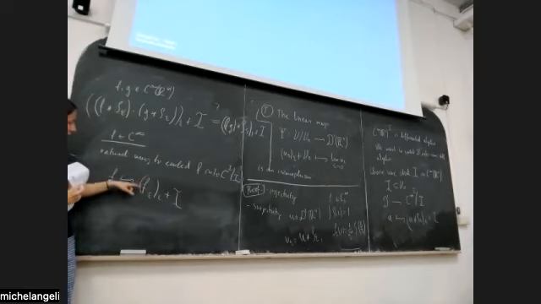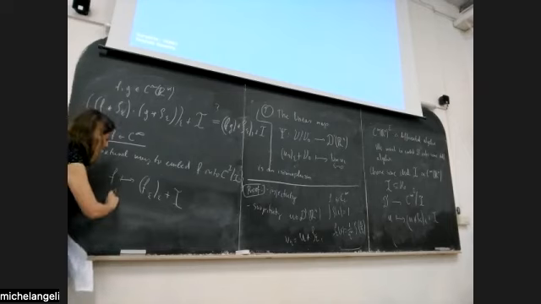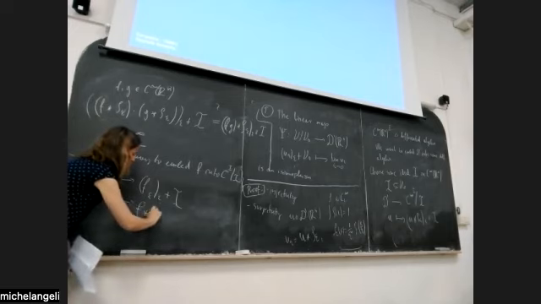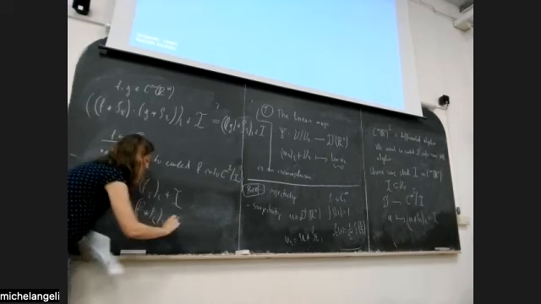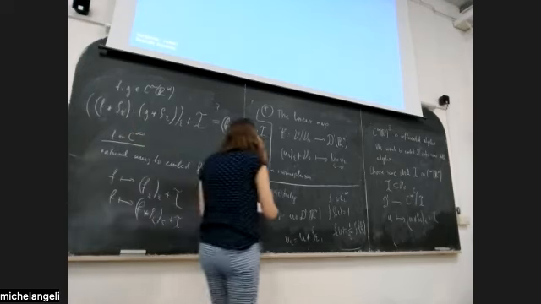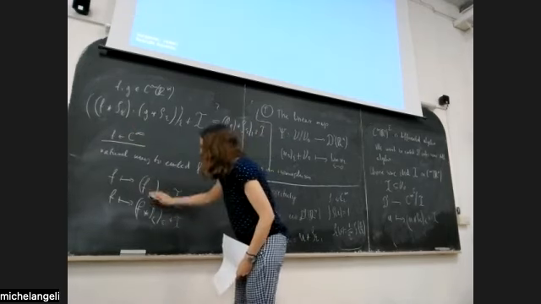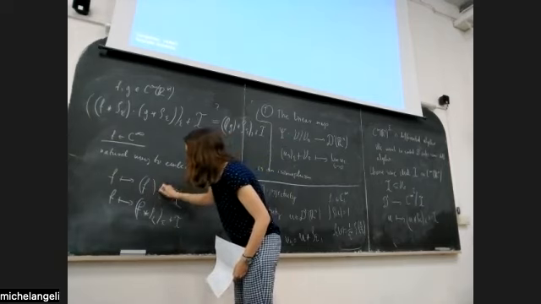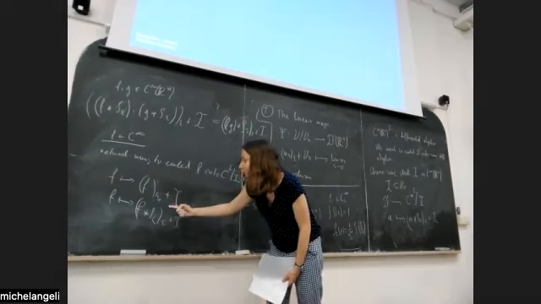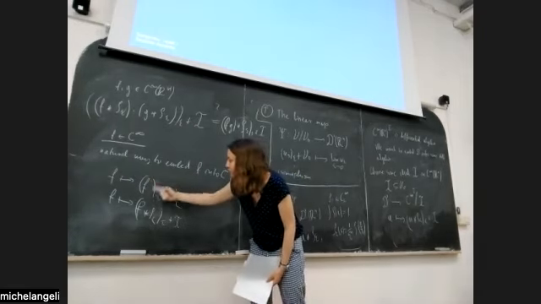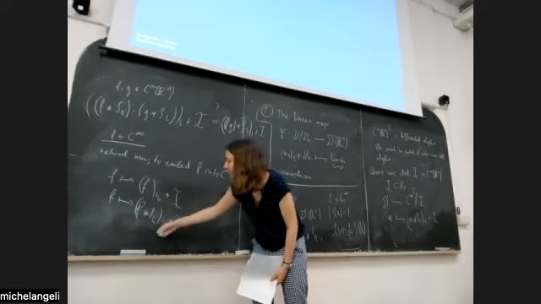But on the other side, f star rho epsilon plus I. So what would be good is that the difference of these two belongs to our ideal.